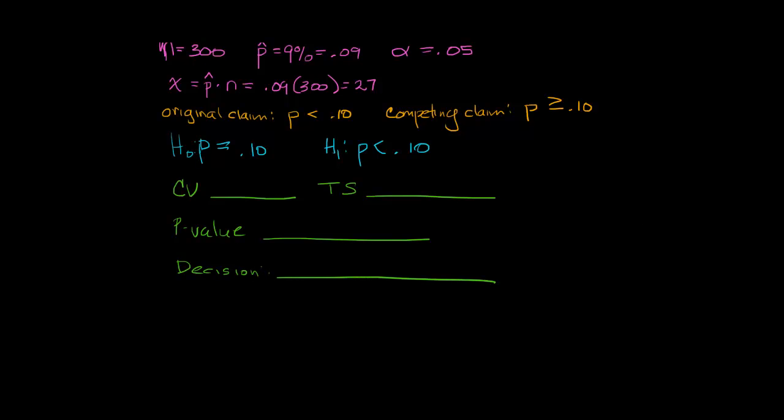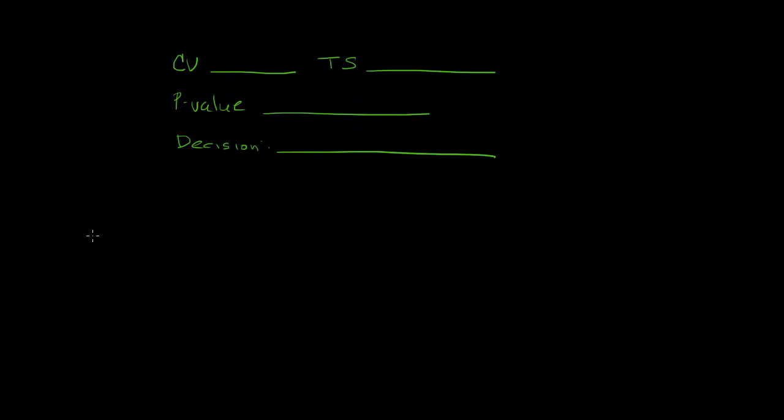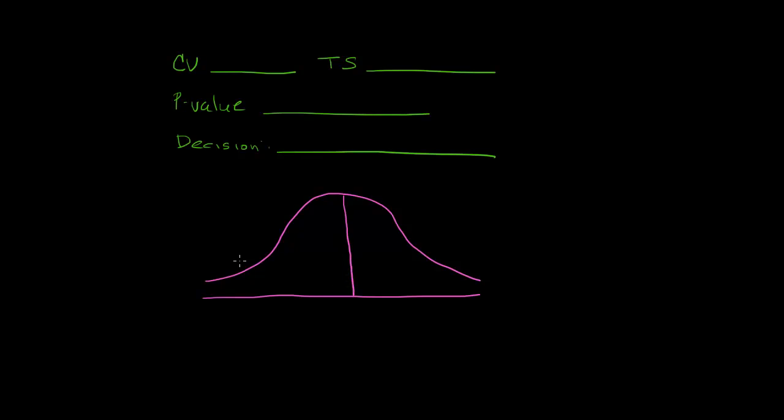Okay, and we know we have a left-tailed test with an alpha of 0.05. So this area out here is 0.05.